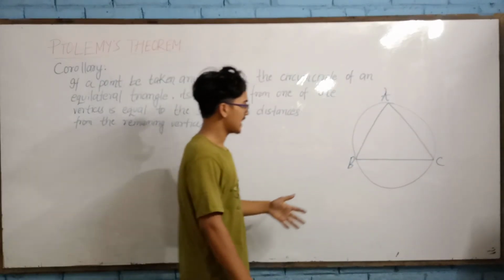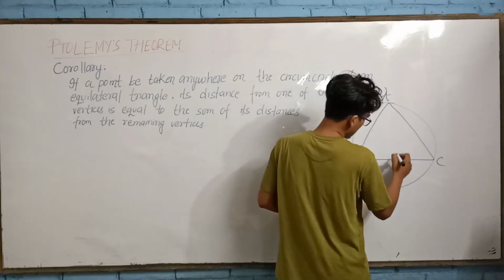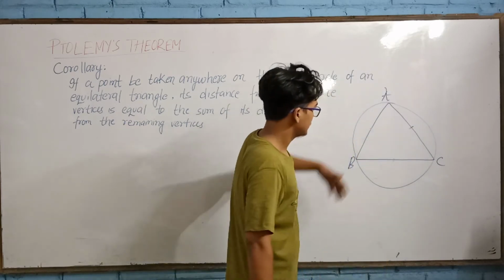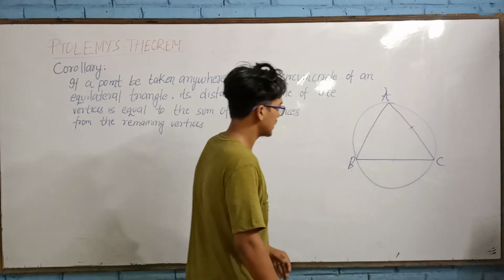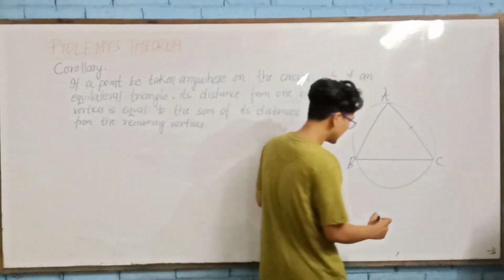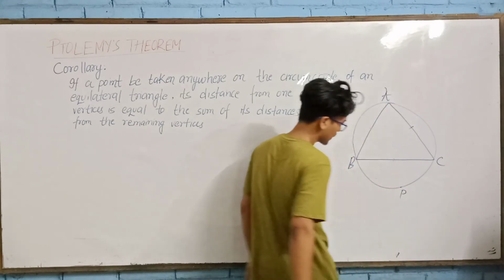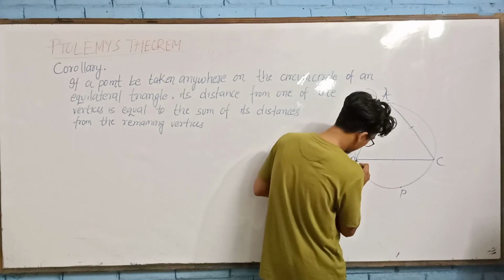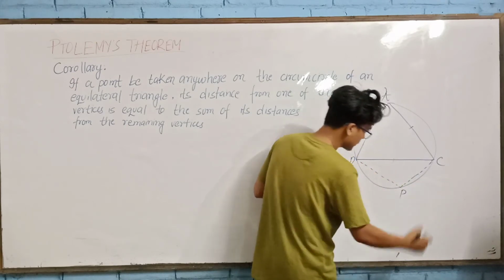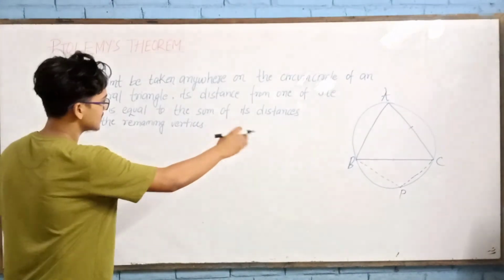For example, I have taken an equilateral triangle ABC, and this is the circumcircle of this equilateral triangle. To prove it, let's take a point P. Let's say we take P here and join it to two of the vertices, B and C in this case. Now ABPC is a cyclic quadrilateral.